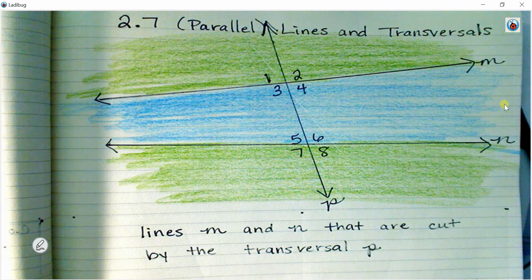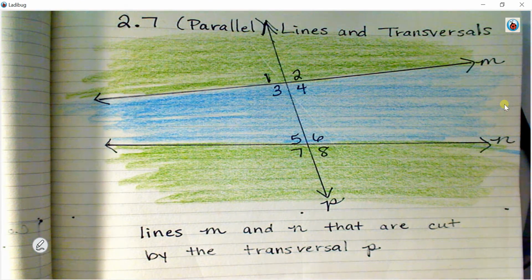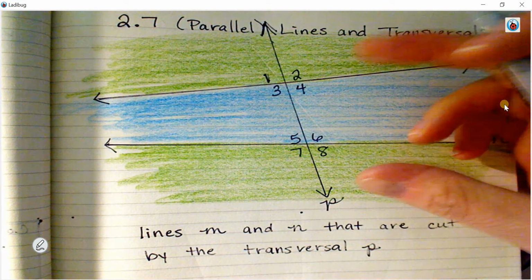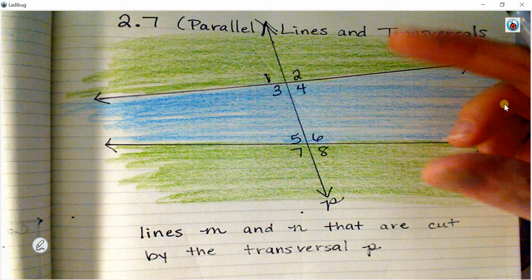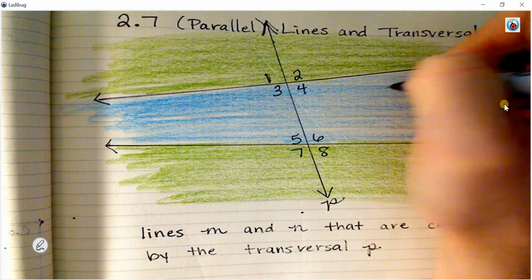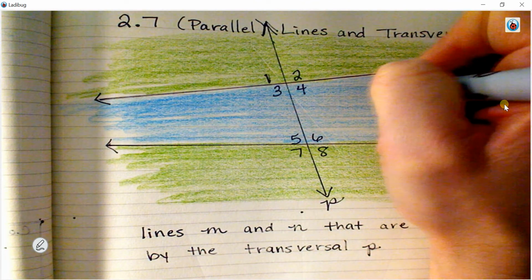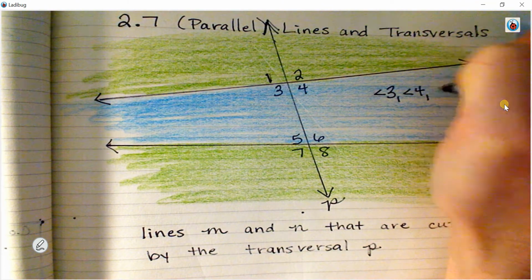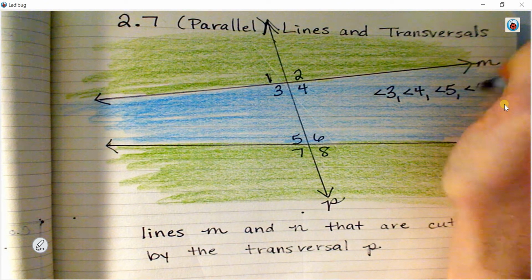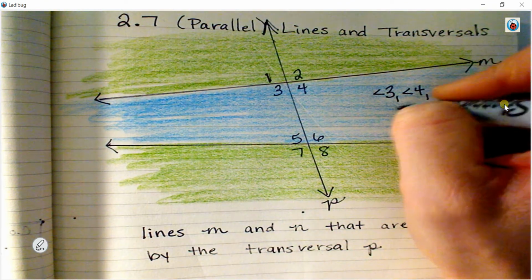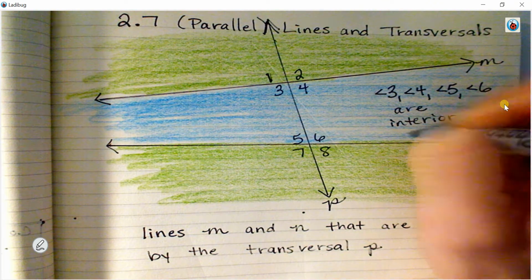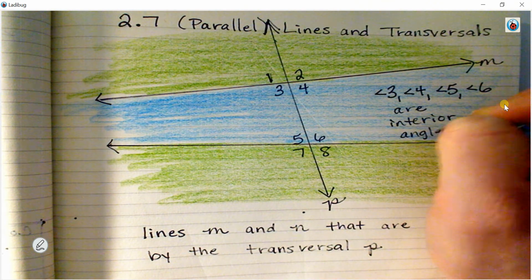I feel like very basic types of angles that have been formed when I have 2 different lines like M and N. The angles that are formed that are in the blue, they are inside my 2 lines, or interior. So we call those interior angles. So I'll say angle 3, angle 4, angle 5, and angle 6 are interior angles.